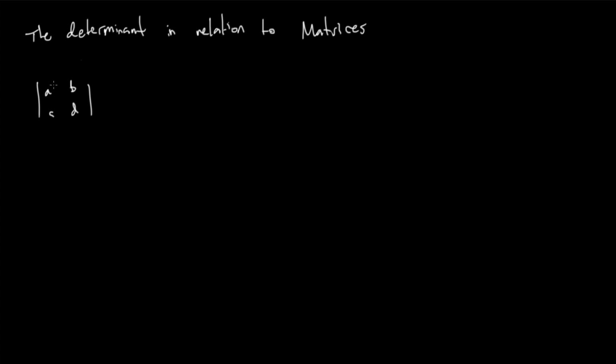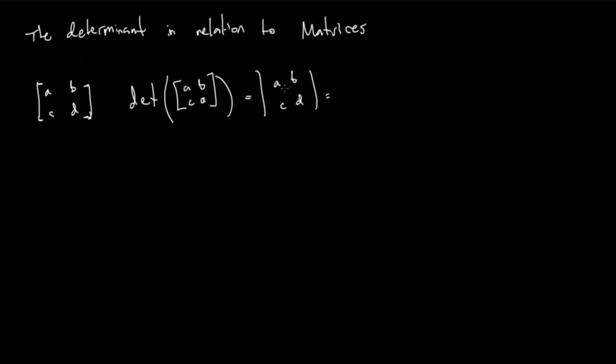in this case, I have a 2 by 2 array of numbers. The determinant of this matrix, I'm using square brackets to be technical, is written as the determinant of the matrix A, B, C, D. And it's often given the notation of bars without brackets, just vertical bars, A, B, C, D. The determinant of this is the product of this leading diagonal, AD, minus the product of this diagonal in the opposite direction, BC.